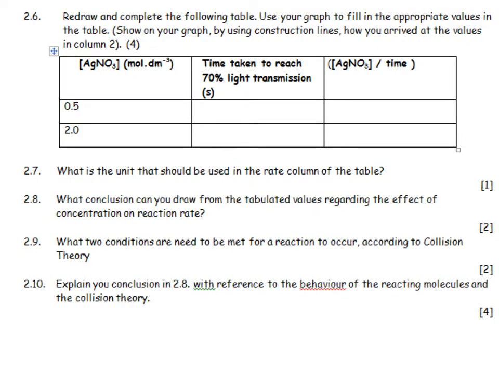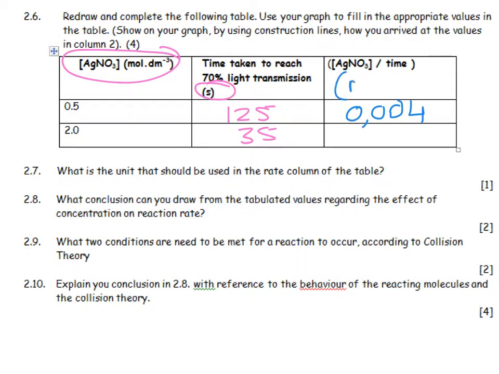And now it asks you, after you've got that at 125, let's say, and you've got this at, let's say, 35, it asks you to determine the concentration, which you've got, divided by the time, which you've got. So you literally just take this number over here and divide it by that number over there, and you land up with 0,004.